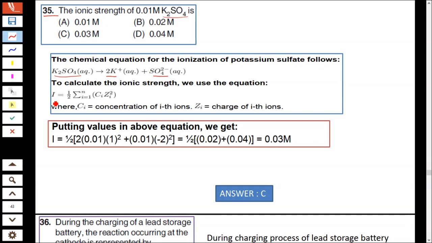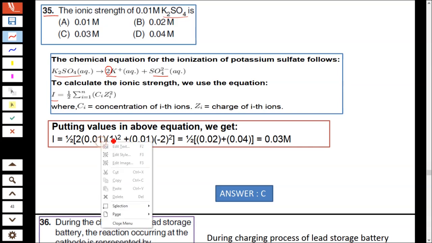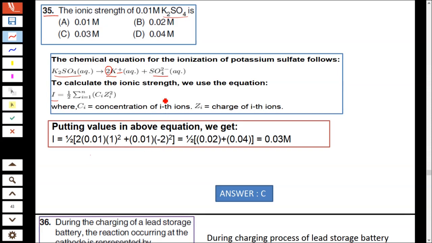The ionic strength formula is I equal to 1 by 2 into the sum of C Z square, that is half into 2 potassium, so 2 into 0.01 into 1, the charge is 1 so 1 square, plus for sulfate it is 0.01 concentration into charge 2 minus, hence minus 2 square, that is Z square, which is equal to 0.03 m. Answer C is correct.